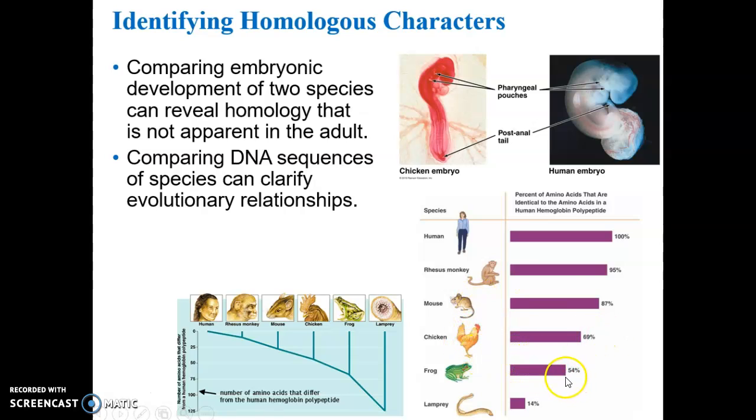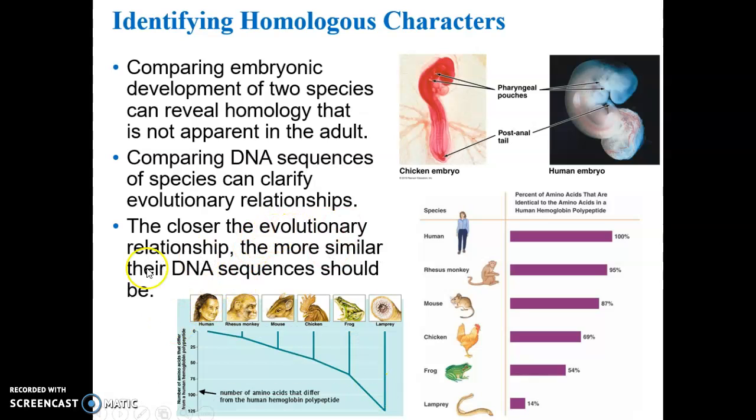There's only a 54% similarity. So the greater the similarity in DNA sequences, which result again in polypeptide sequences of amino acids, the closer the evolutionary relationship. The greater the dissimilarity, or the lower the similarity, the more distant the evolutionary relationship. And this is that figure we saw in a previous chapter.